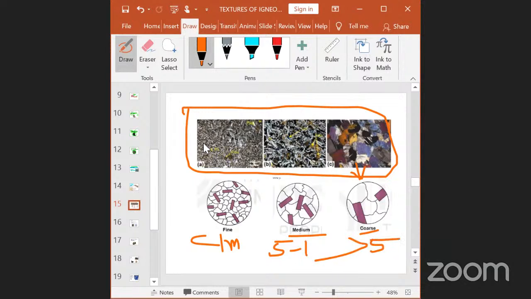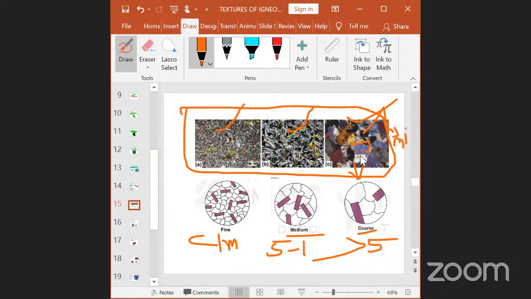You see the difference between coarse, medium and fine grain. Coarse is very clear here. The next one, medium, looks like this. The next, fine, has very small crystals we observe here, right? Some of the black color indicates mica, and also white, and also quartz, right?